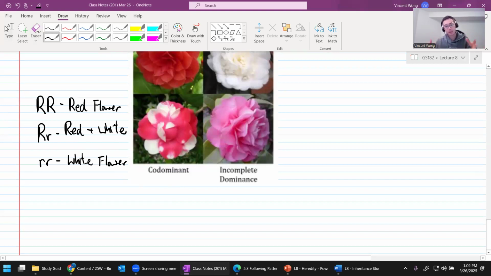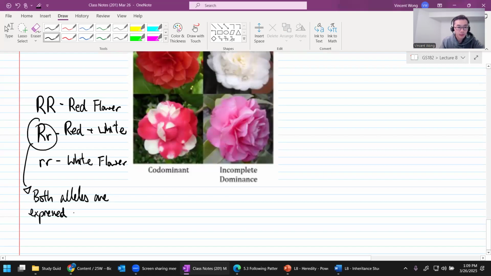A codominance inheritance pattern is where the alleles are not going to be able to cover up each other, and both end up showing up together. Right? So I'll write that down for you. Both alleles are expressed in the heterozygous genotype.